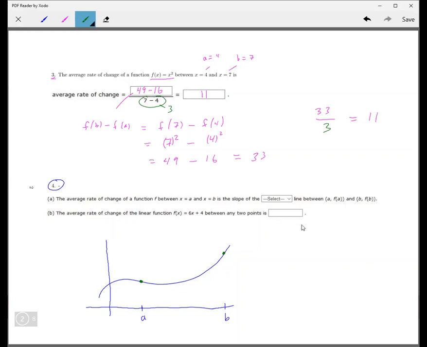Now, if you go back to the distance between 2 points, that is y2 minus y1. No, not the distance.